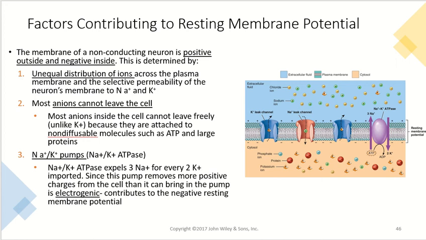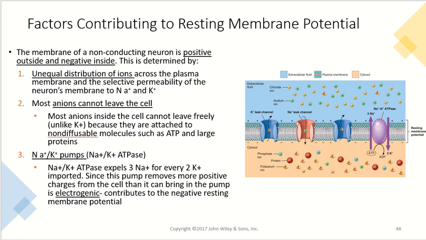And then our third factor contributing to the resting membrane potential is the sodium-potassium pump, or sodium-potassium ATPase. And this is going to expel 3 sodium ions for every 2 potassium ions that it imports. So since this pump is going to remove more positive charges from the cell than it's able to bring in, that pump is said to be electrogenic.